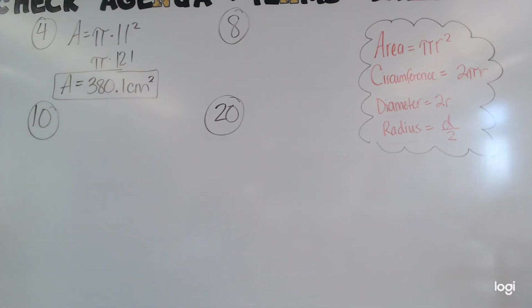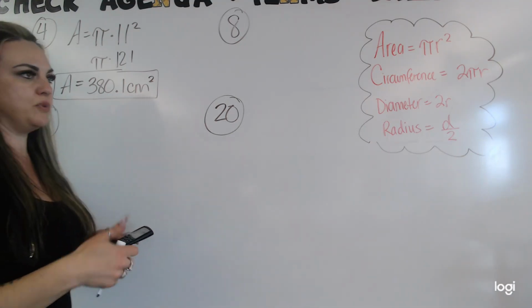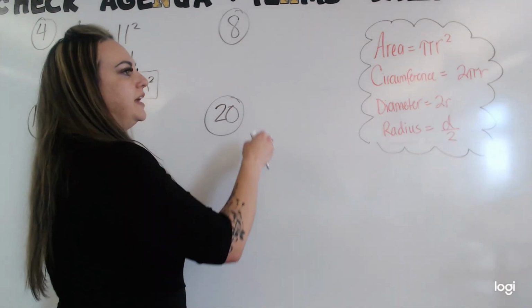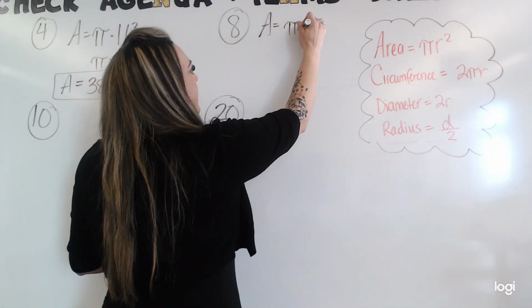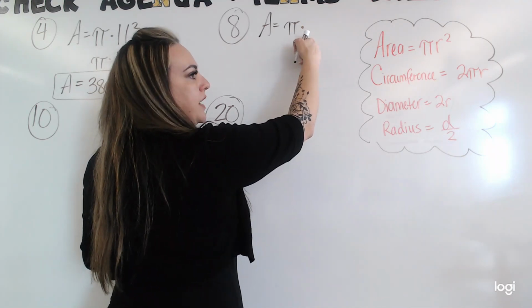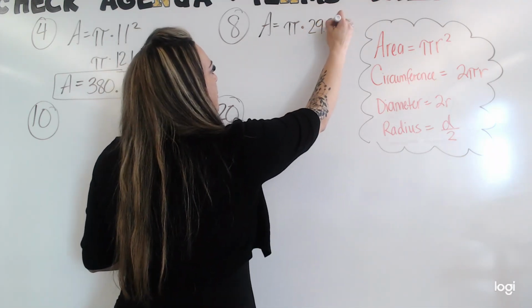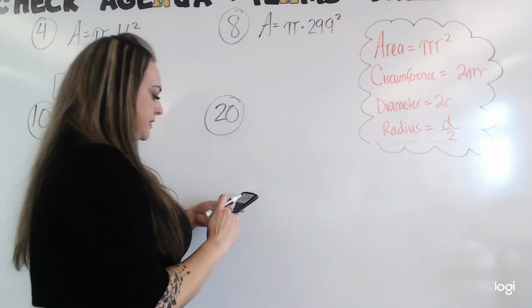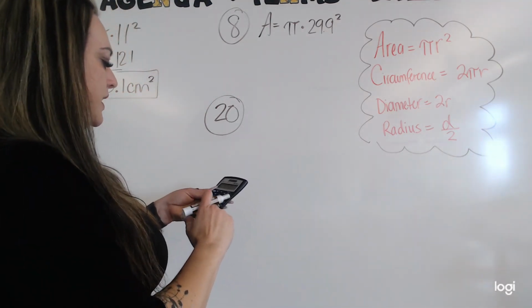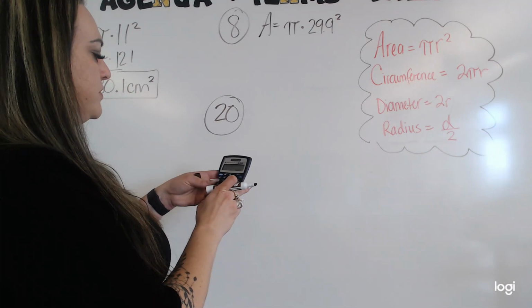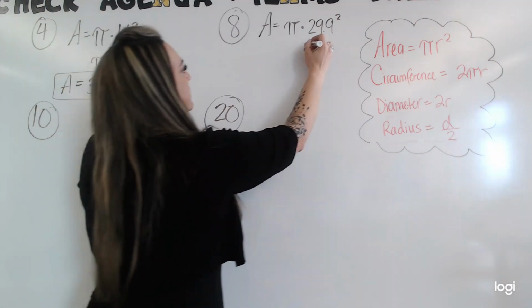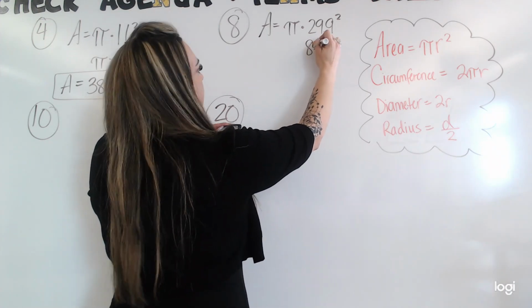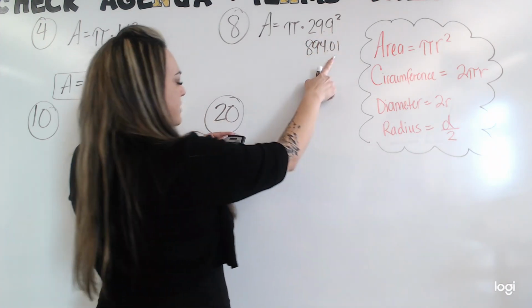Okay, we're going to follow the same type of thing for number 8. We're given the radius, it's just written in words, and we're going to find the area. So area equals pi times radius squared, which is 29.9 squared. Calculator, 29.9, and I'm using the x squared symbol, equals 894.01.